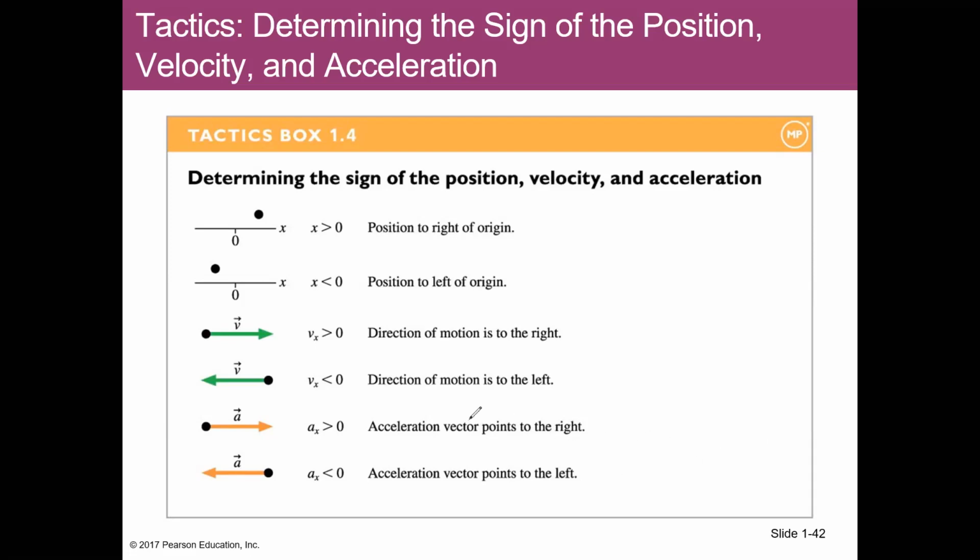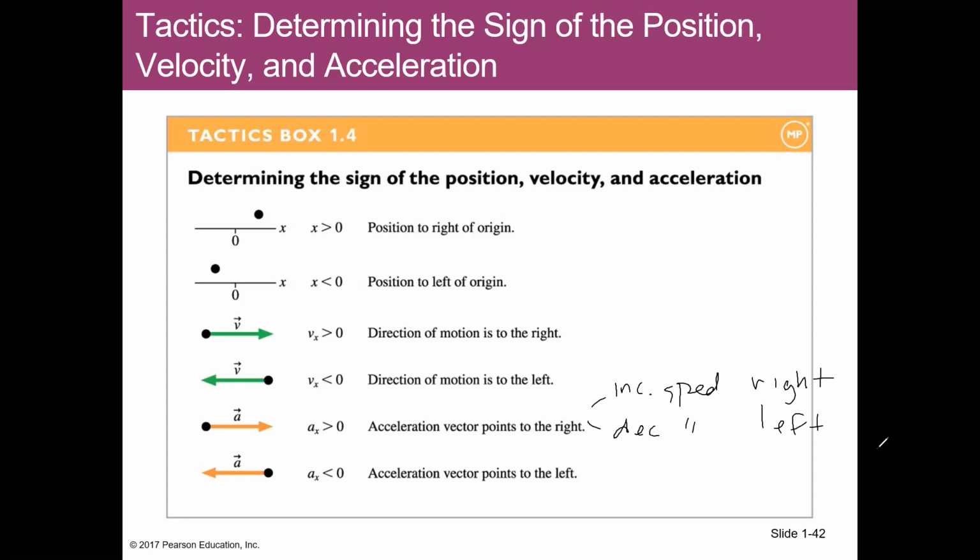So really the takeaway is that a rightward acceleration could mean increasing speed to the right, or decreasing speed to the left. And the fact that it could mean either of those, that's what a positive acceleration means in the x direction.